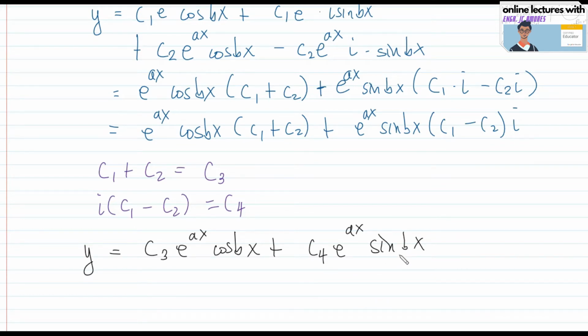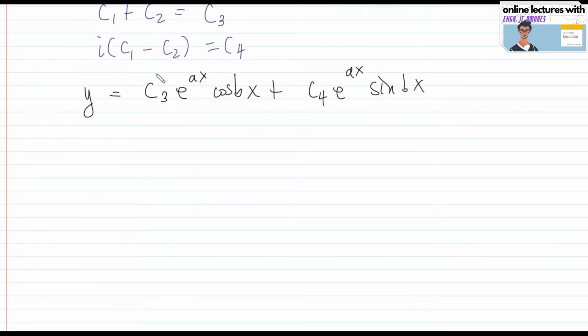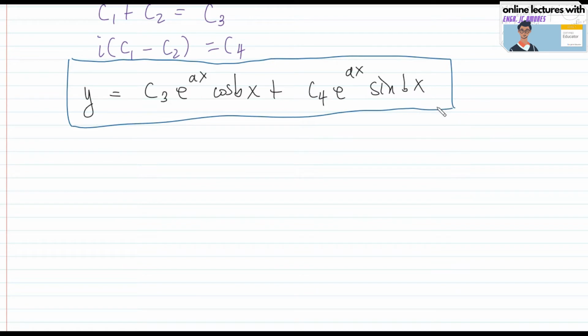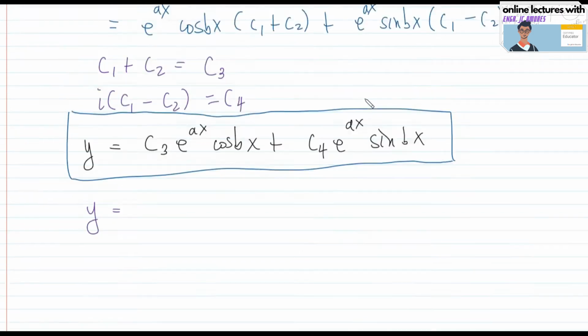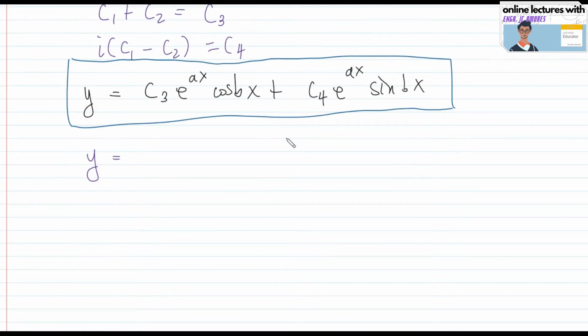This would now be the solution that we will apply if we are given a linear differential equation wherein the auxiliary equation would produce imaginary roots. Of course, if we apply this to a problem, we will not write c3 and c4, since those are just with respect to the simplification that we made.